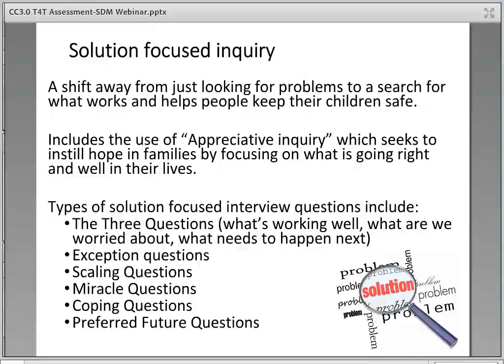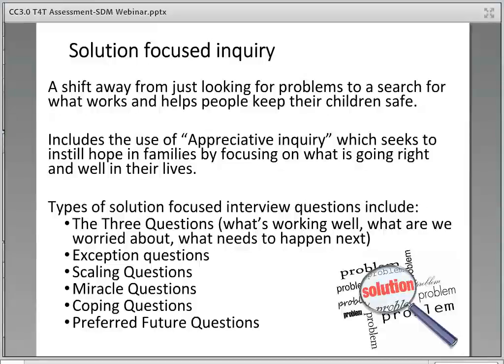A solution-focused approach involves collaborating with the family to identify their ideas of solutions that will work to ensure safety, permanency, and well-being of their child or children. This approach encourages families to become part of the decision-making process, and their strengths and resources are acknowledged. Solution-focused inquiry is part of this approach.